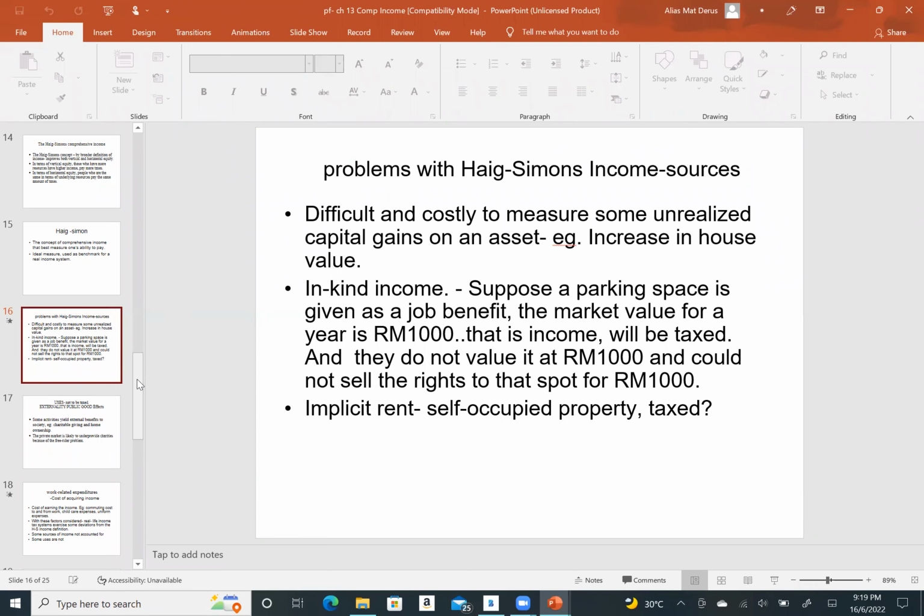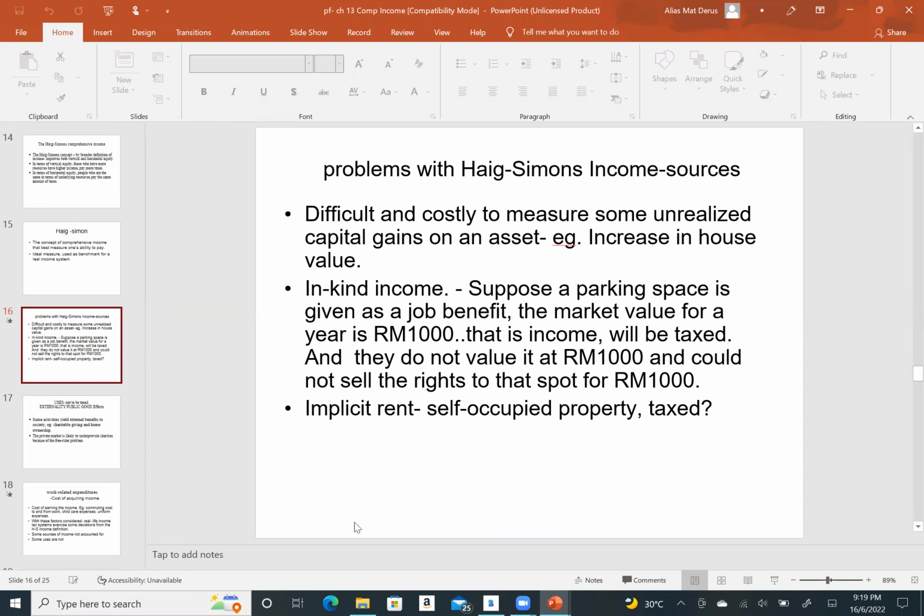For example, some unrealized gain. Realized gain you can measure. Some types of benefit, in-kind benefit.